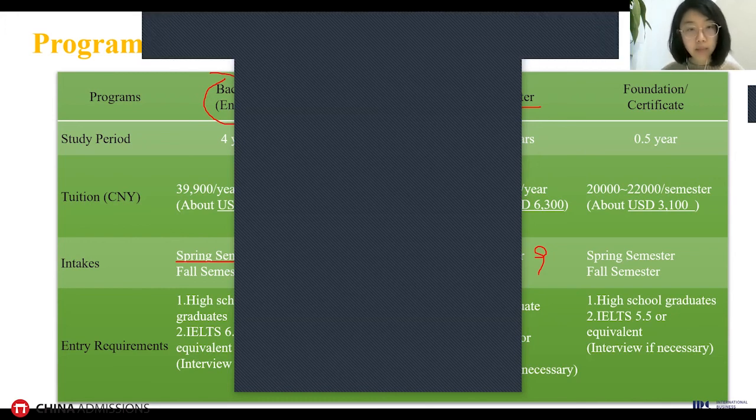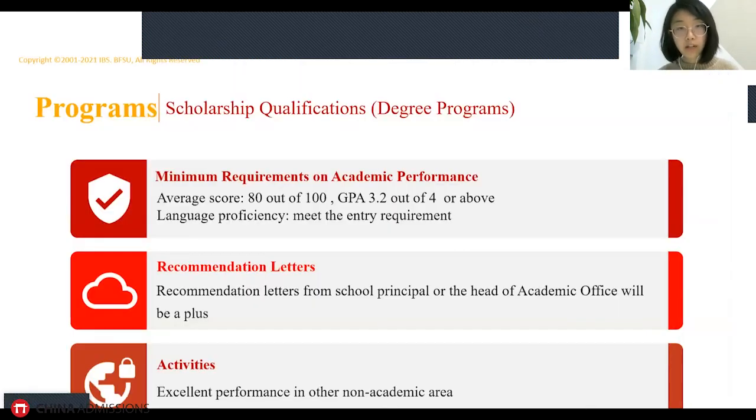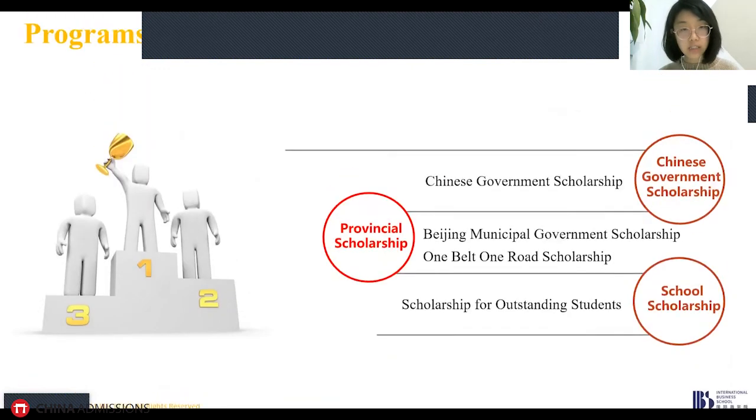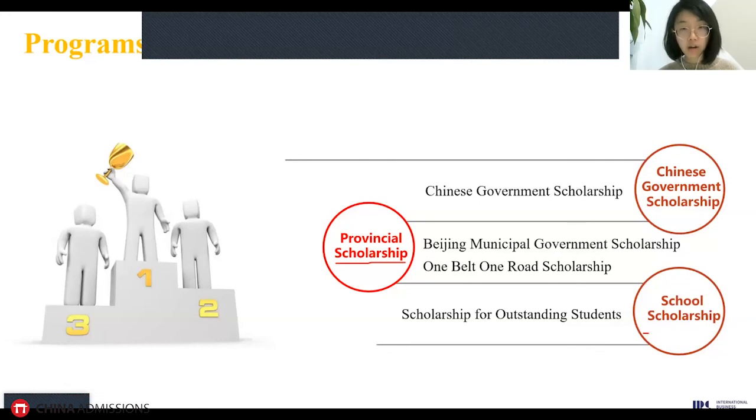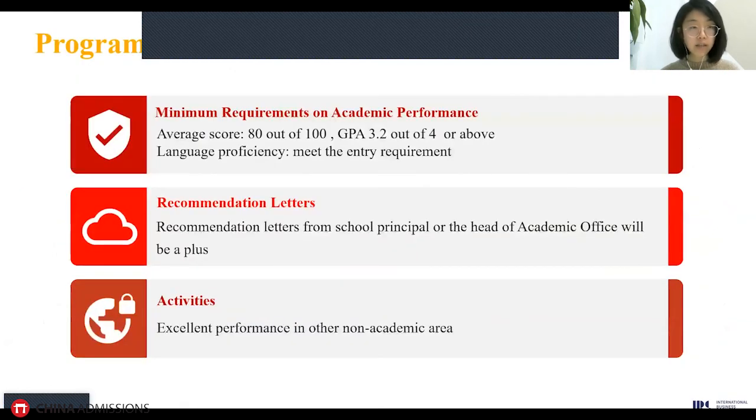What is the requirement for the provincial scholarship? How do we know if we could apply? Thank you for the question. It's a really good question. The provincial scholarship is similar to the school scholarship, and the requirement is the same. I would like to say 80% depends on your academic performance. As I mentioned before, let's take GPA as an example.